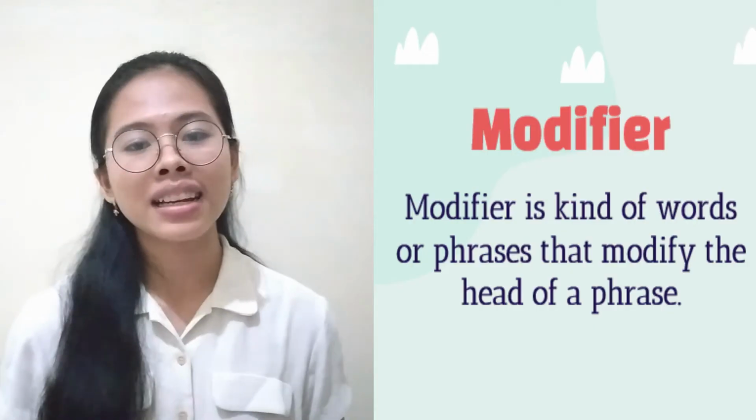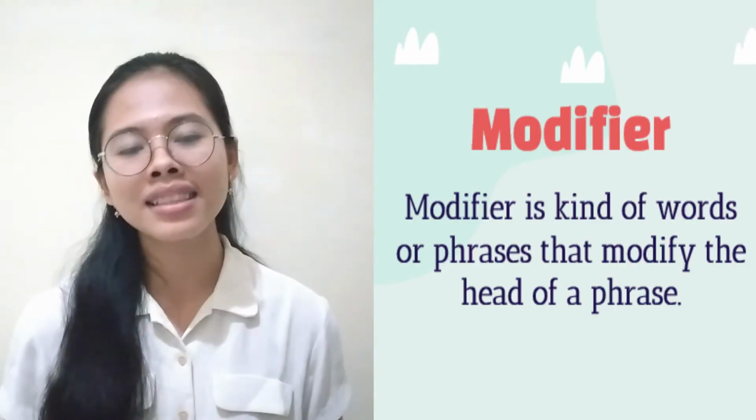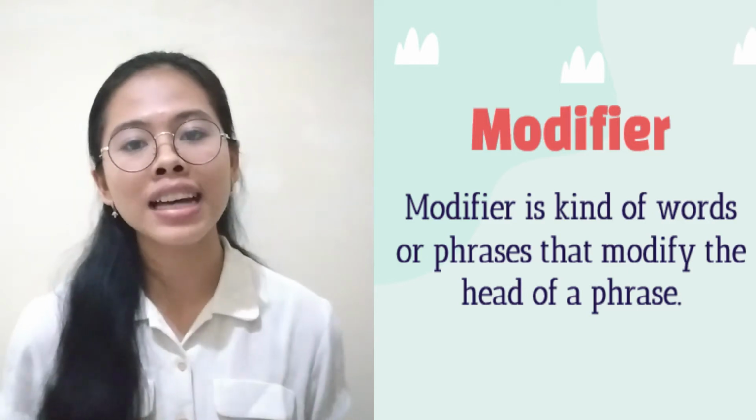Then, in a noun phrase, and of course in other phrases, it's common to have modifiers inside the phrases. So what is a modifier actually? A modifier is a kind of word or phrase that modifies the head of the phrase. There are 2 types of modifiers, pre-modifiers and post-modifiers. The first one is pre-modifier.